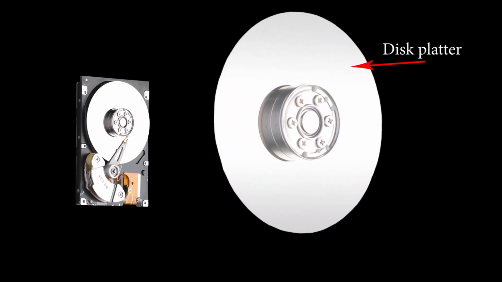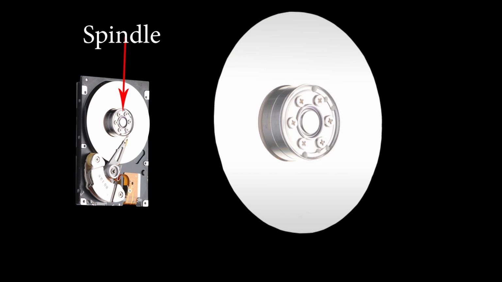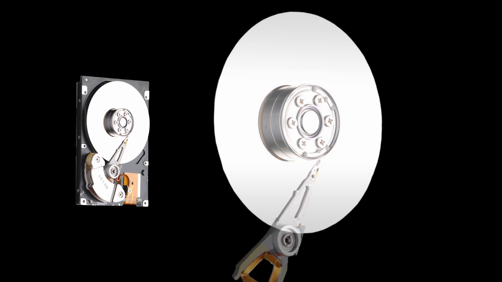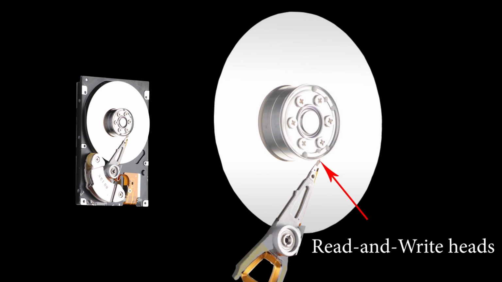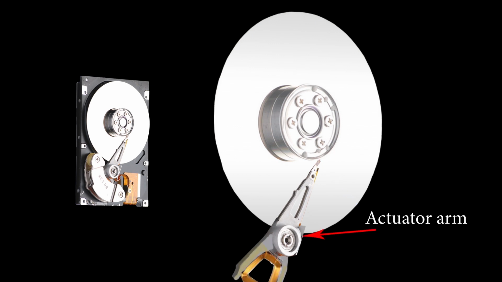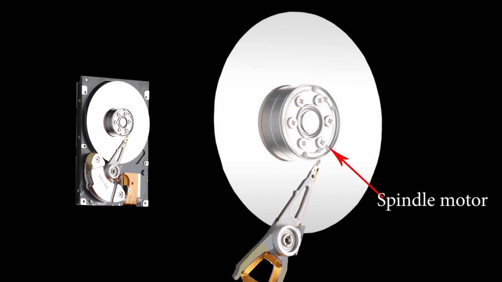A hard disk is made of one or more aluminum platters, coated with a ferromagnetic material. The disk platters are positioned around a spindle inside a sealed chamber. The chamber also includes read and write heads, an actuator arm and spindle motors.